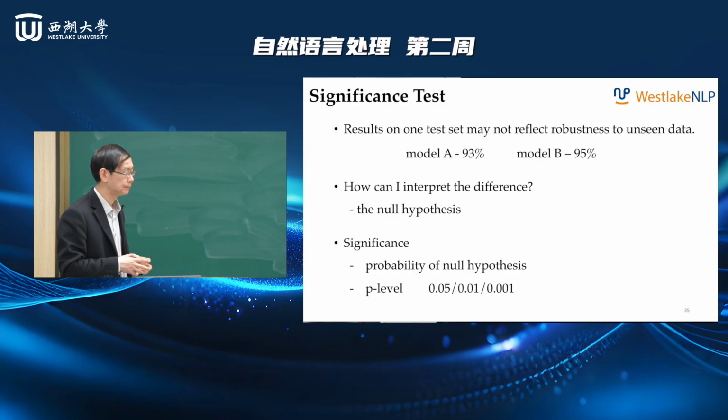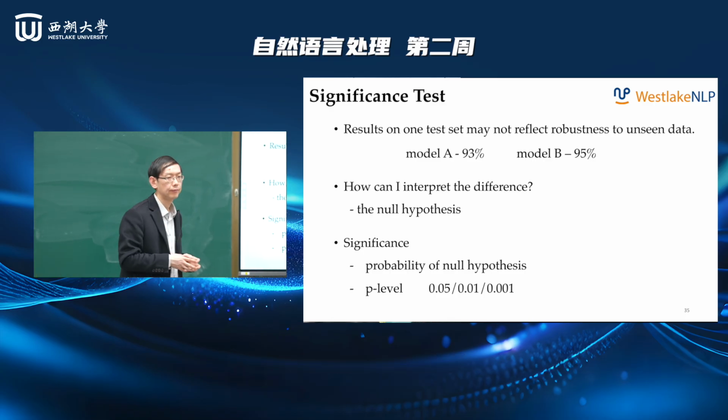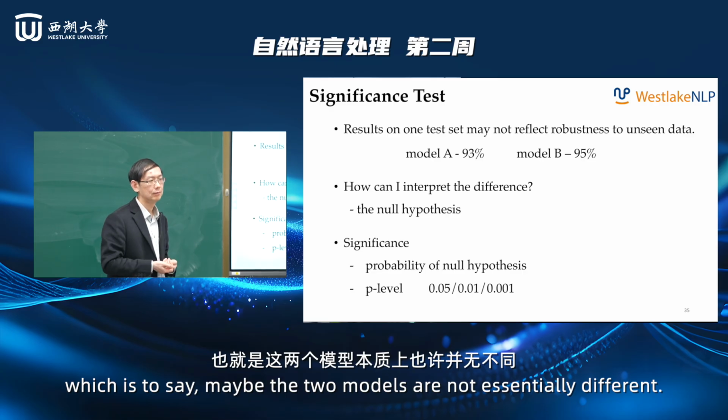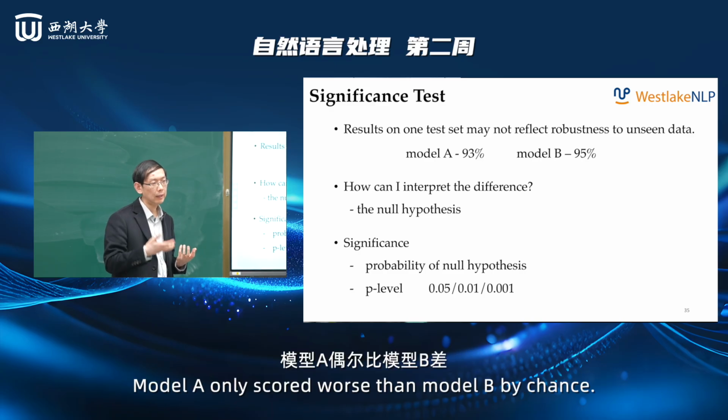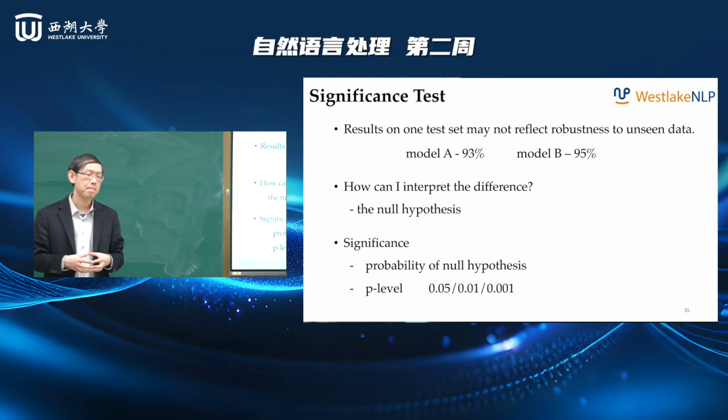What does it do? Basically, you have a null hypothesis, which is to say, maybe the two models are not essentially different. So model A only scored worse than model B by chance. This is the null hypothesis.